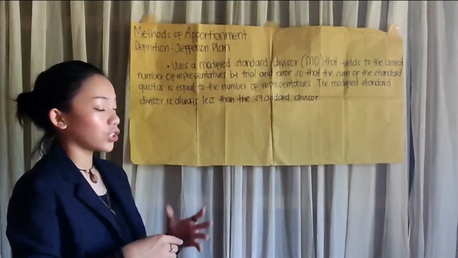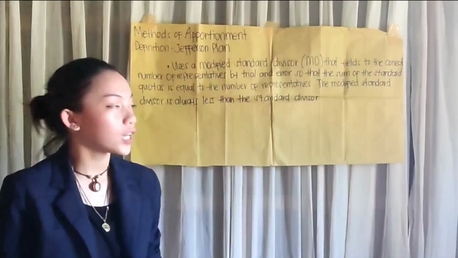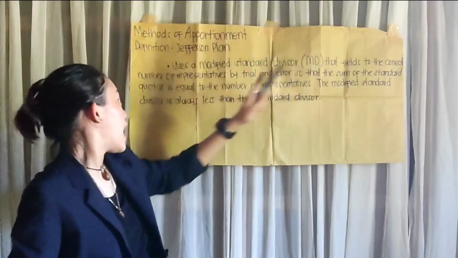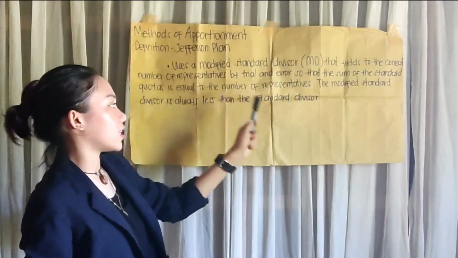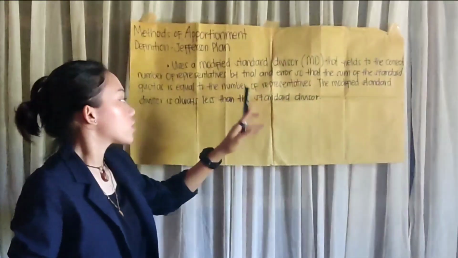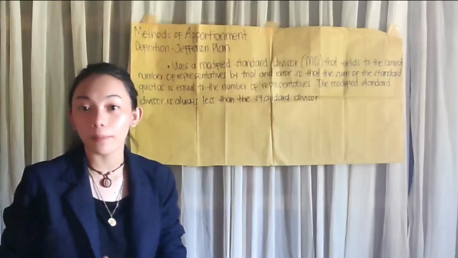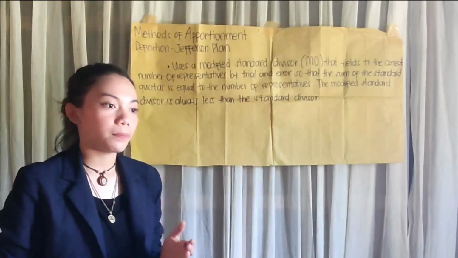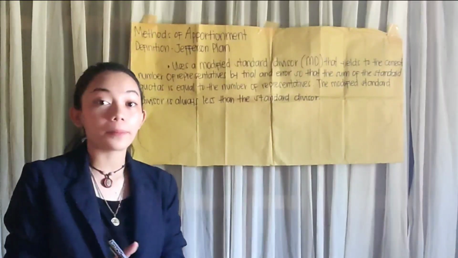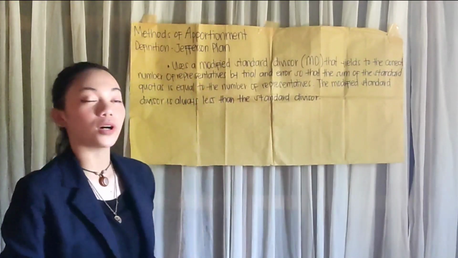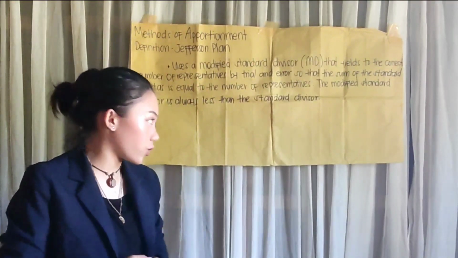The modified standard divisor is always less than the standard divisor, and there are many numbers you can choose from.